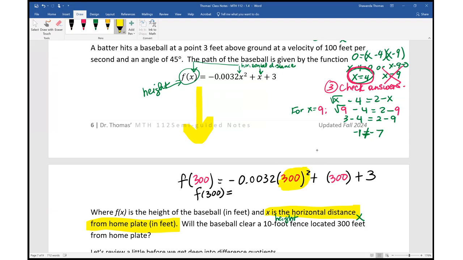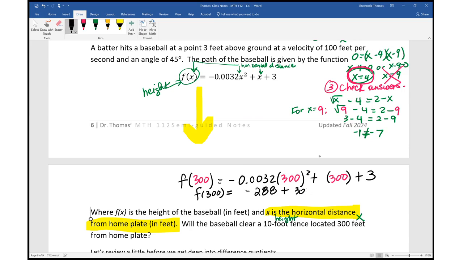What we need to do here first is 300 squared. And then you need to multiply that times that decimal. So pull out your calculator. 300 squared times negative 0.0032 is negative 288, plus 300.